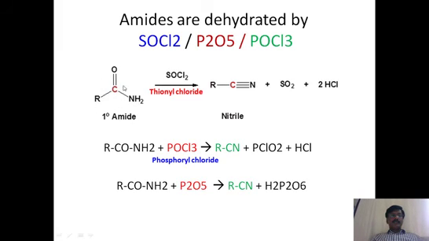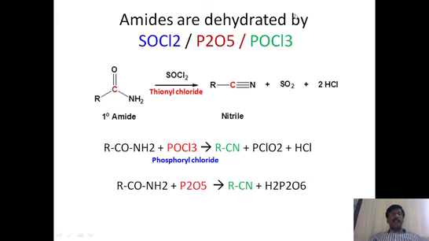Now the most important point is H2 on this side and oxygen from here, so loss of H2O leads to the formation of a CN bond. That is, RC triple bond N is formed. It is called cyanide or nitrile. So amides are converted into cyanides by loss of water, and this process is called dehydration.